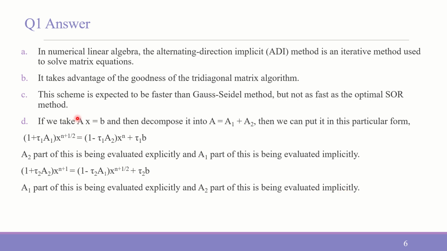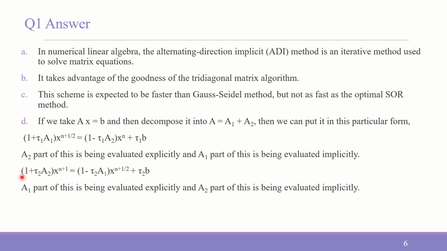Again, if we take AX equal to B and decompose it into A equal to A1 plus A2, we can put it in this form: (1 + tau1 A1) x at n+1/2 equals (1 - tau1 A2) x at the nth time step plus tau1 b. The A2 part is evaluated explicitly and the A1 part is evaluated implicitly.